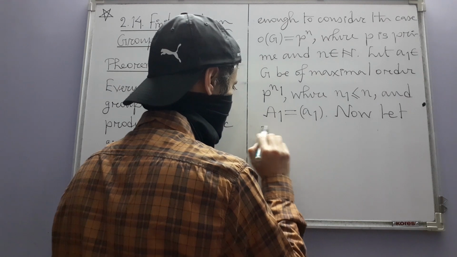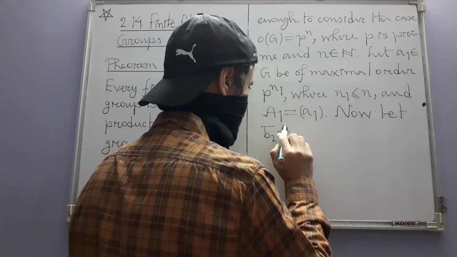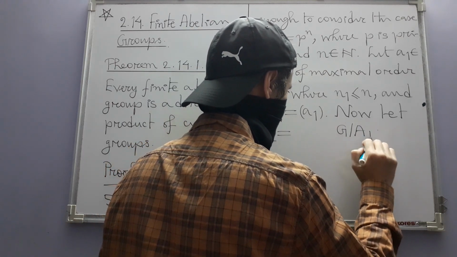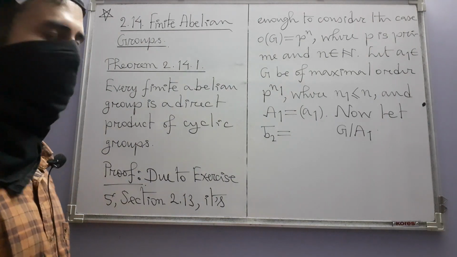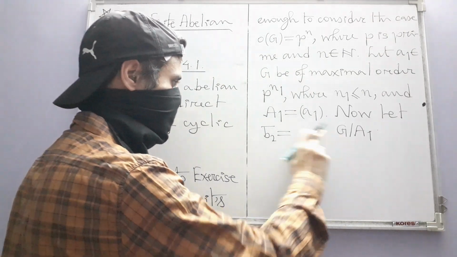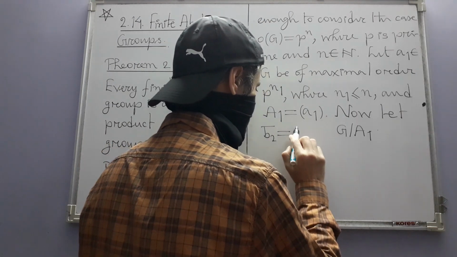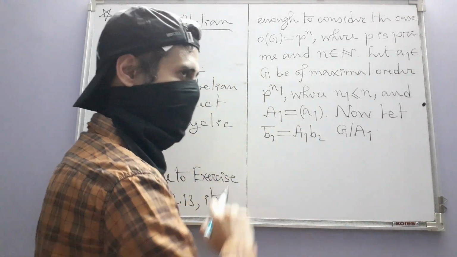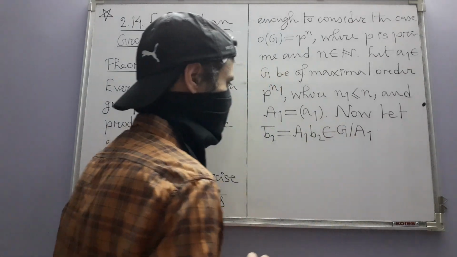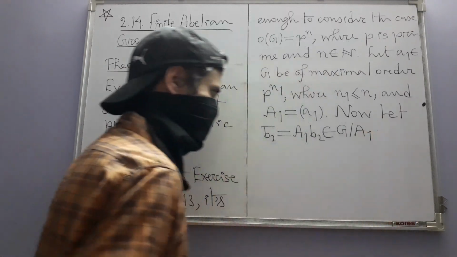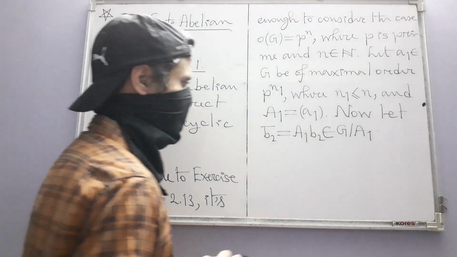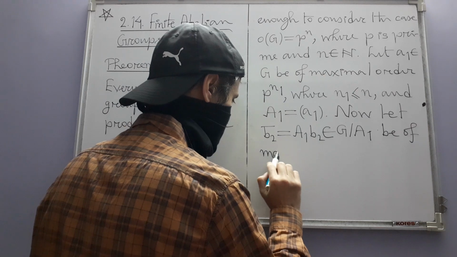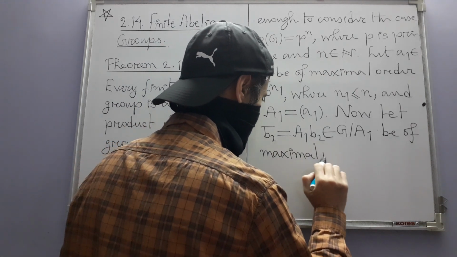Say that element is b2 bar, and because the elements in G/A1 are cosets of A1 by some elements of G, this b2 bar in fact is a coset of A1, given by the element b2, which is some element of G. And this is also not just any element, but an element of maximal possible order. Let this be of maximal order.